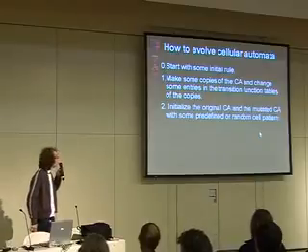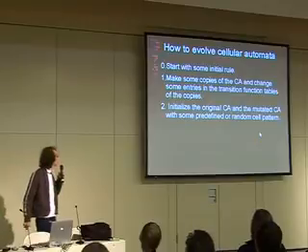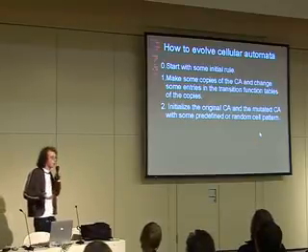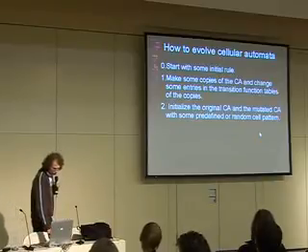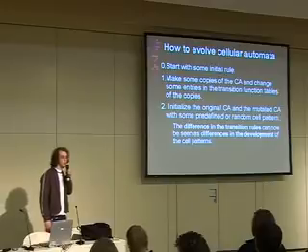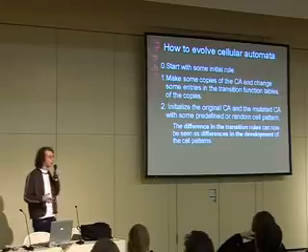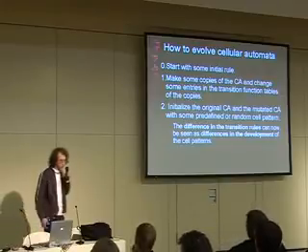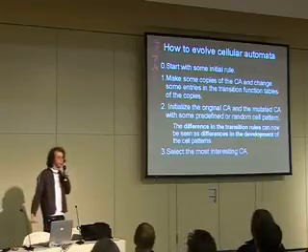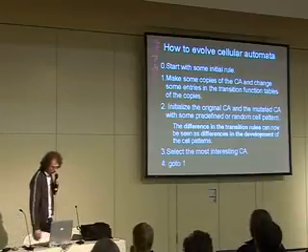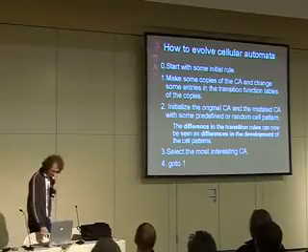And then we initialize the original cellular automaton and the mutated cellular automata with some predefined or random cell pattern, but each with the same cell pattern. Because then differences in the transition function will be seen as differences in the development of the cell pattern. I will demonstrate it shortly. And then we just select the most interesting CA and go back to the start. This can be iterated, of course.